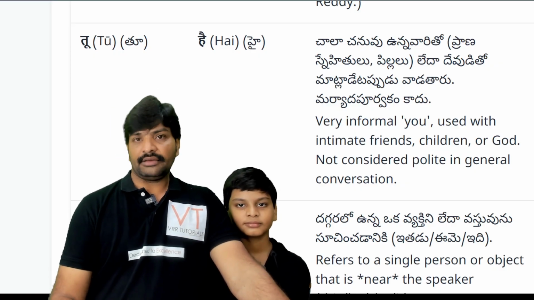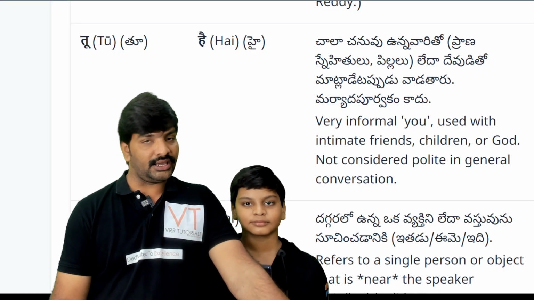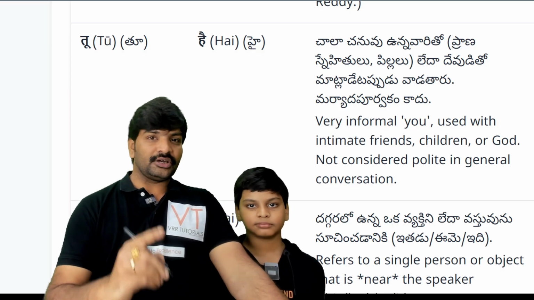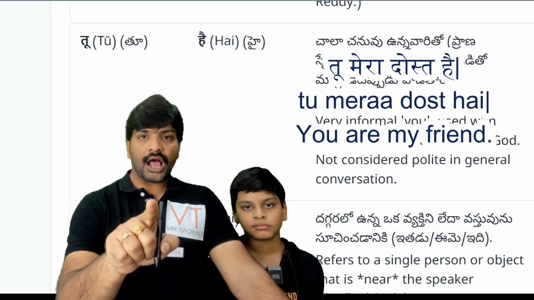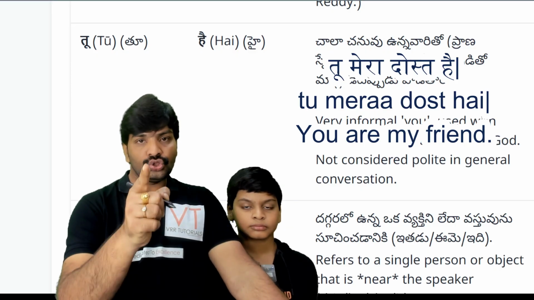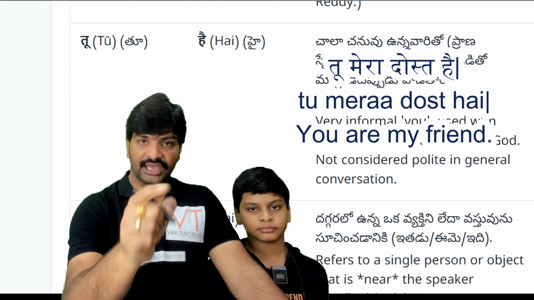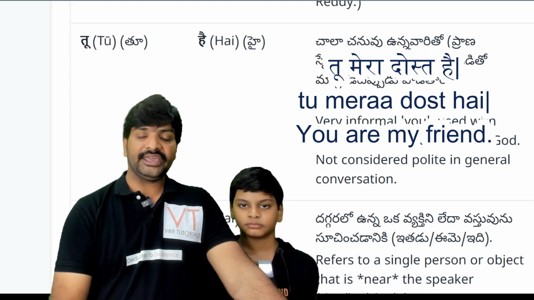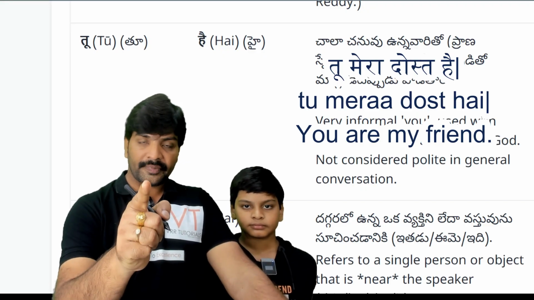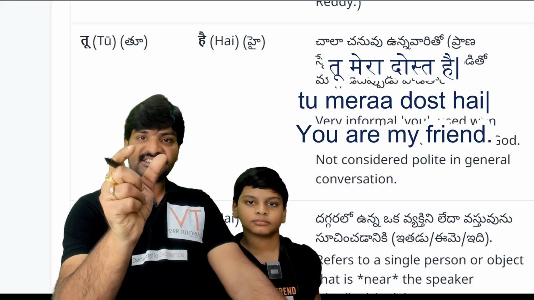Let us see some example sentences using this tu and hai. We can use them with our friends. So, tu mera dost hai. Dost means friend in Hindi. Tu means you, mera means my, dost means friend.